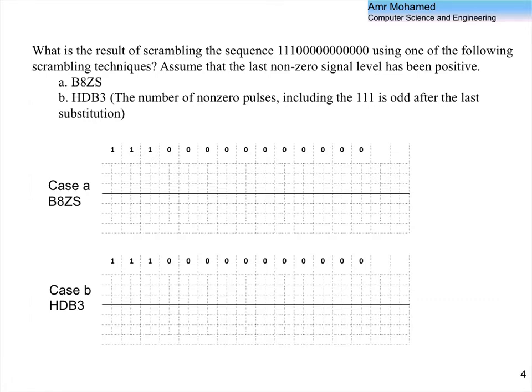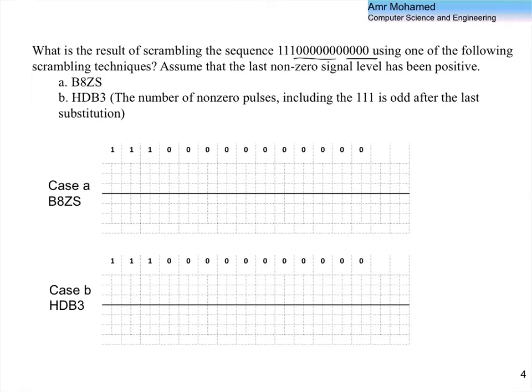So if you have consecutive zeros like this, you have straight 0 voltage level. But the 1 is mapped as bipolar. So 1 time negative, 1 time positive, 1 time negative. So for straight ones, it's good. But for straight zeros, it was bad because the signal level is always 0, and that was bad.